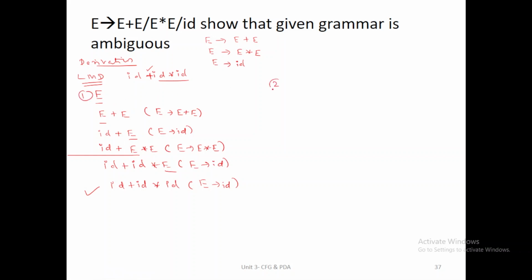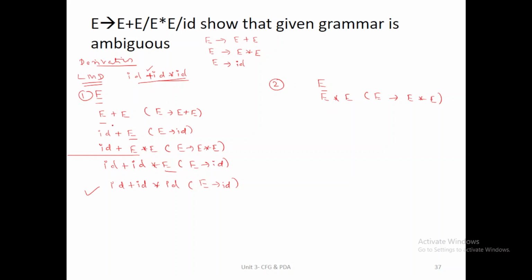Then in the second method, this is E. Instead of the first production, I am using the second production, for deriving the same input string. This is the condition for ambiguity. If you want to prove ambiguity, you should take the same input string with two different derivations.